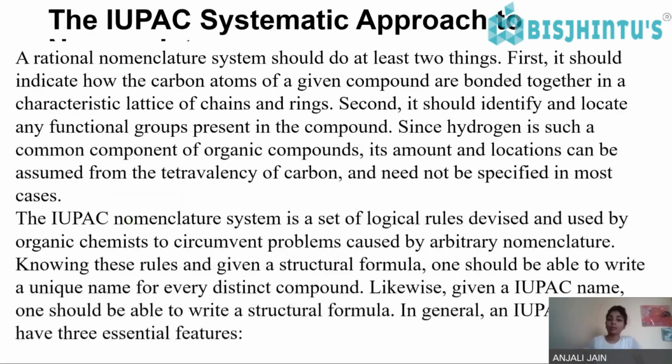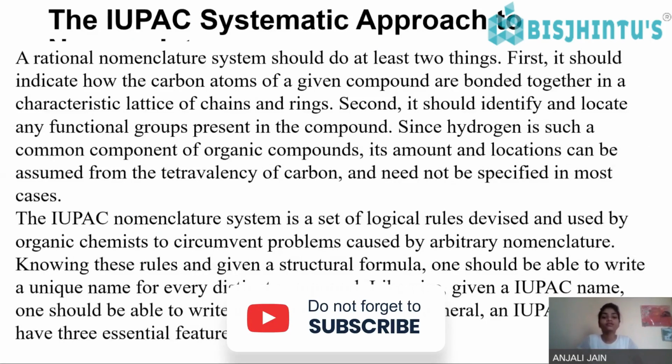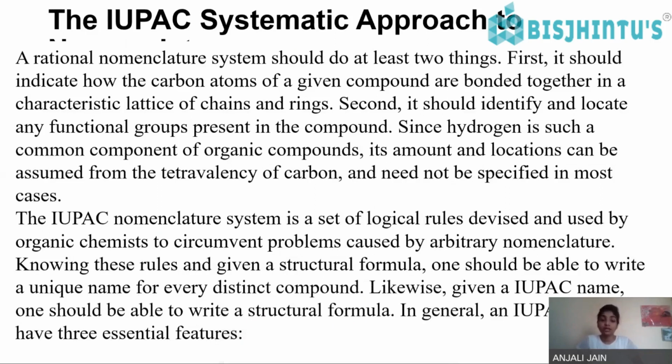So that is why the IUPAC nomenclature came, so as to circumvent the problems associated with the arbitrary nomenclature. Knowing these rules and given a structural formula, one should be able to write a unique name for every distinct compound. Likewise, given an IUPAC name, one should be able to write a structural formula.